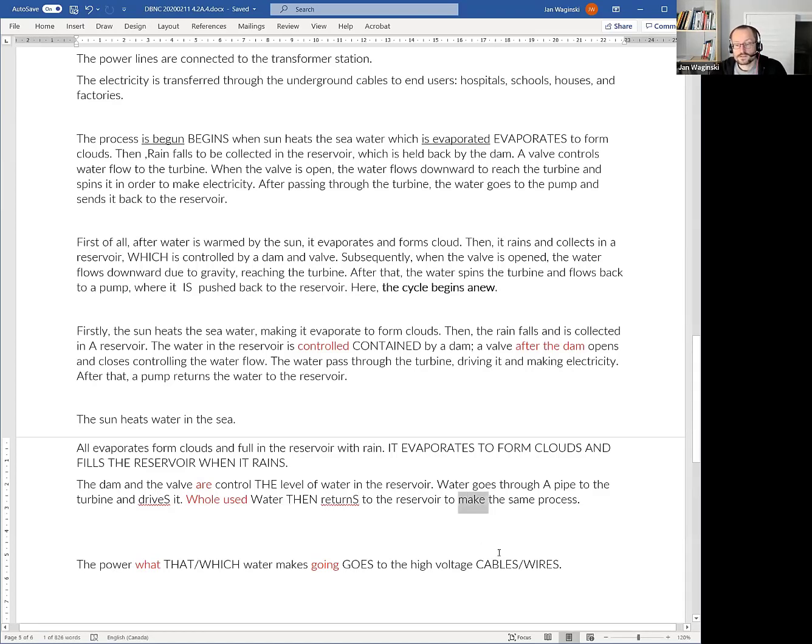Make the same, like the circle begins. Yeah, good. So make and process don't really collocate. They don't really go together. Start a process, begin a process. Maybe it's begin the process, the same process.